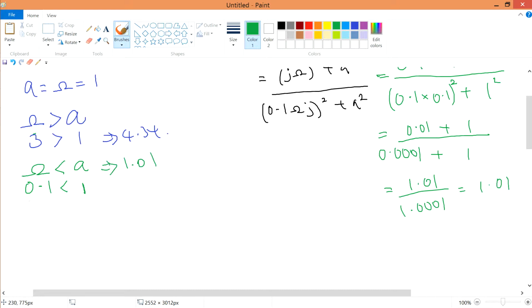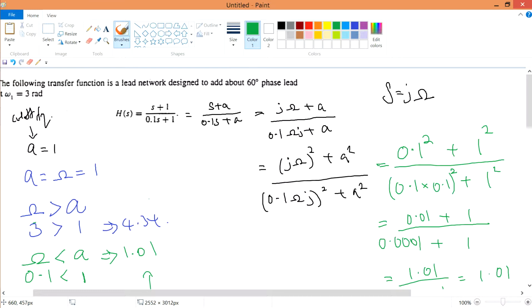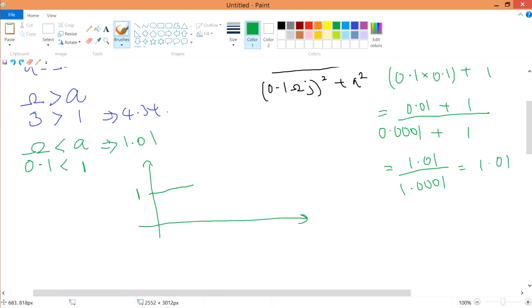At a low frequency, you are at 1.01, so you're always at a magnitude of 1. So this so-called filter, this transfer function, allows any signal to pass through it. Your signal doesn't go down, it doesn't start from 0, it starts from 1.